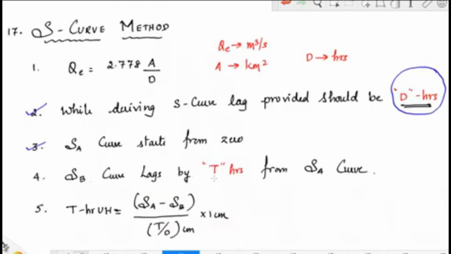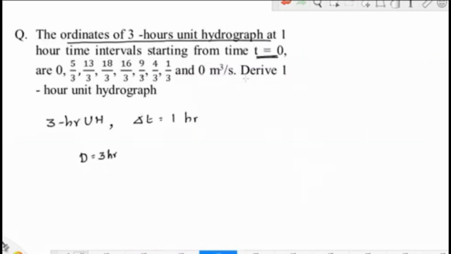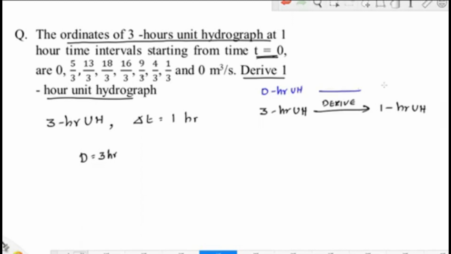Now the SB curve lags by T hours from the SA curve. So what is T in this problem? You are deriving a 1 hour unit hydrograph. So from a 3 hour unit hydrograph, you are deriving a 1 hour unit hydrograph. So in general, we write: from a D hour unit hydrograph, derive an MD hour unit hydrograph, or from a D hour unit hydrograph, you have to derive a T hour unit hydrograph.